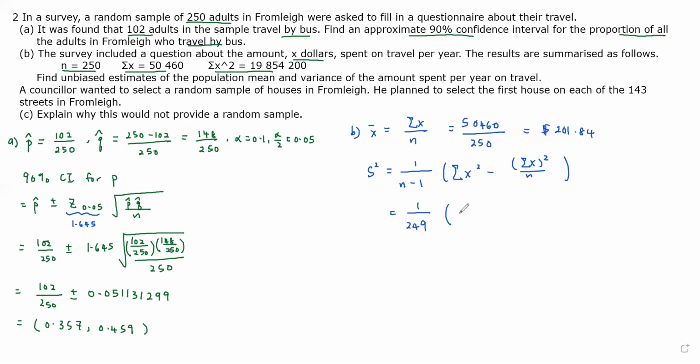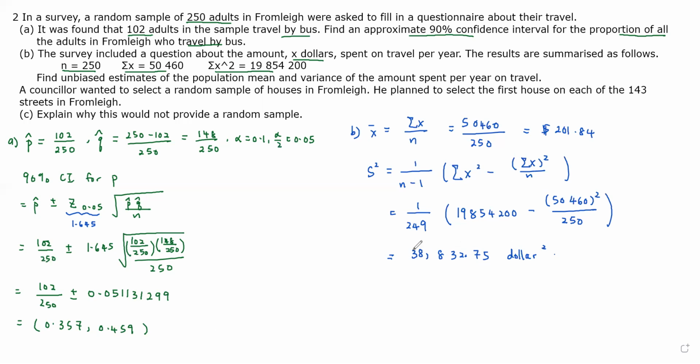Sum of X squared is this amount here, minus the square of 50,460 over 250. That should be 38,832.75. And this is a variance, so the unit would be square dollars.